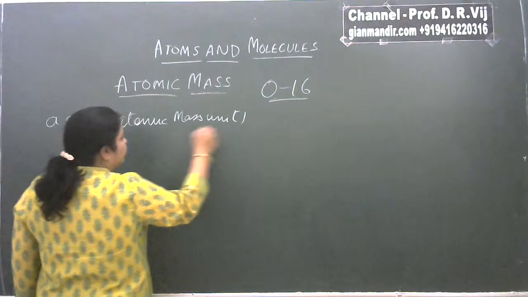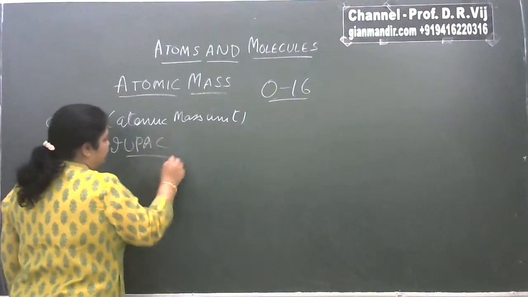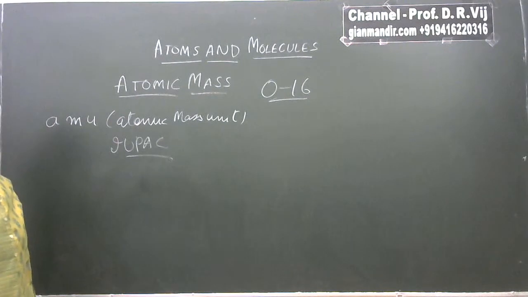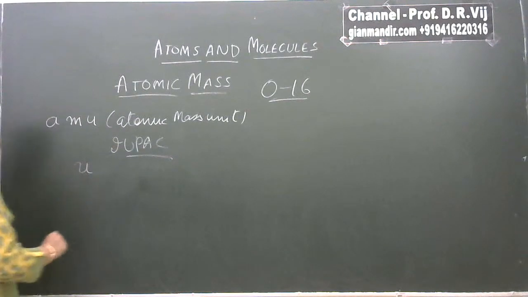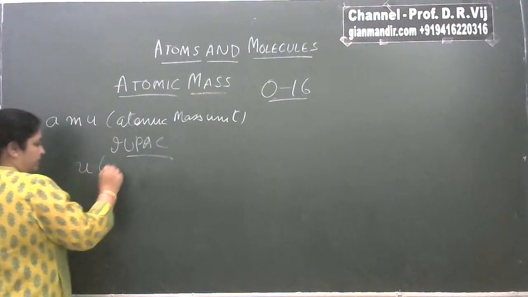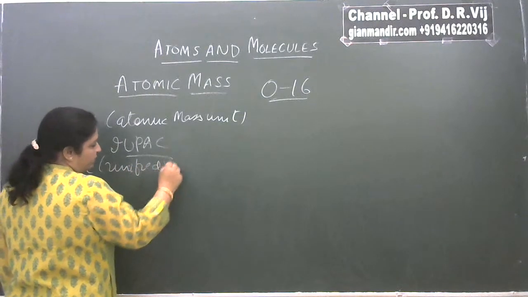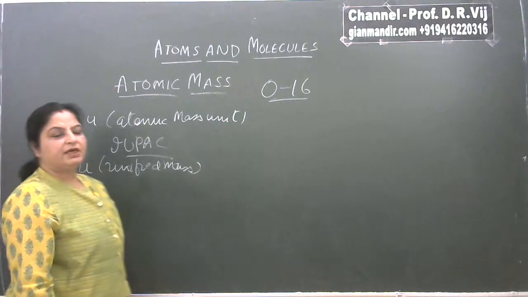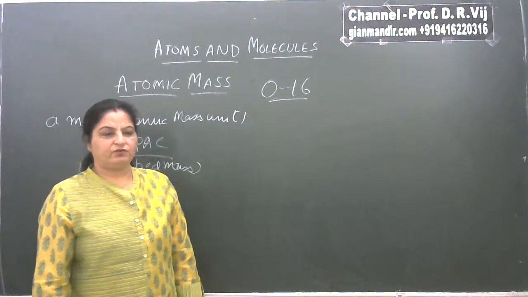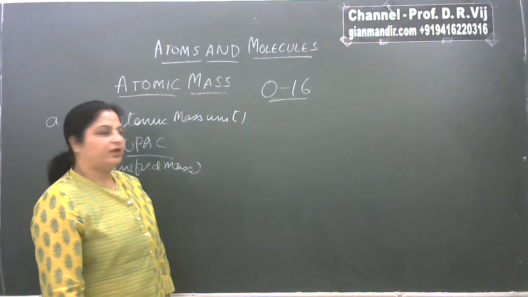But later on, IUPAC, the International Union of Pure and Applied Chemistry, suggested another unit, that is u, which stands for unified mass. So the present day unit for expressing the atomic masses is u, that is unified mass.